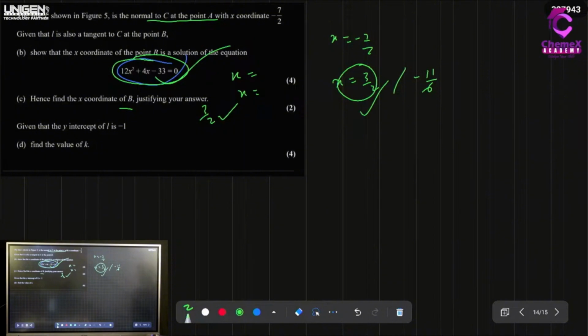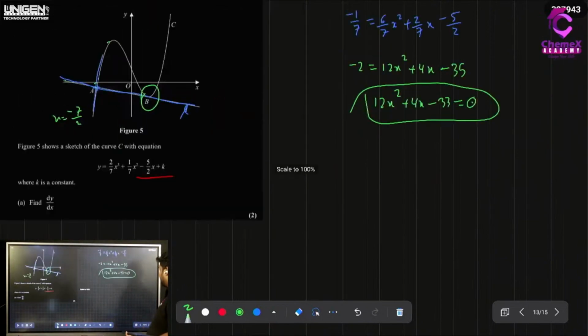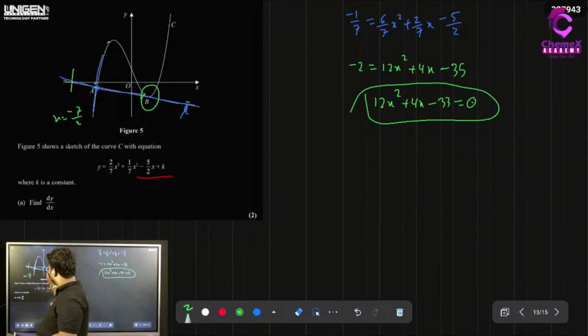Given that the y-intercept of L is minus 1, what is k? Since they have given the y-intercept is minus 1, what is k they are asking? So how do you find it? So this line cuts here at minus 1, right?